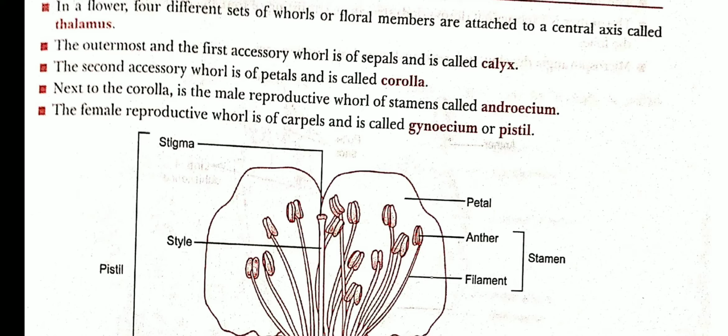So, androecium is the male reproductive whorl of a flower, and the central-most whorl is of the female reproductive organs called the carpels, and is called the gynoecium or pistil.